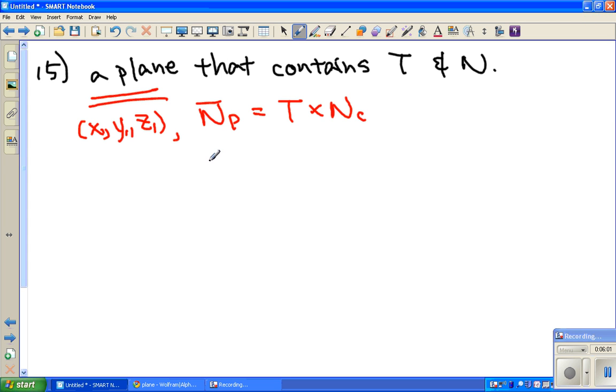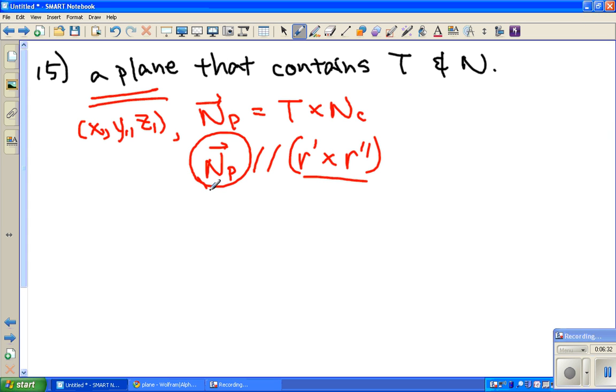We will assume that the direction of the tangent vector will be parallel to r prime, and the direction of the normal vector will be parallel to r double prime. So we'll be calculating this to get the direction of the normal vector.